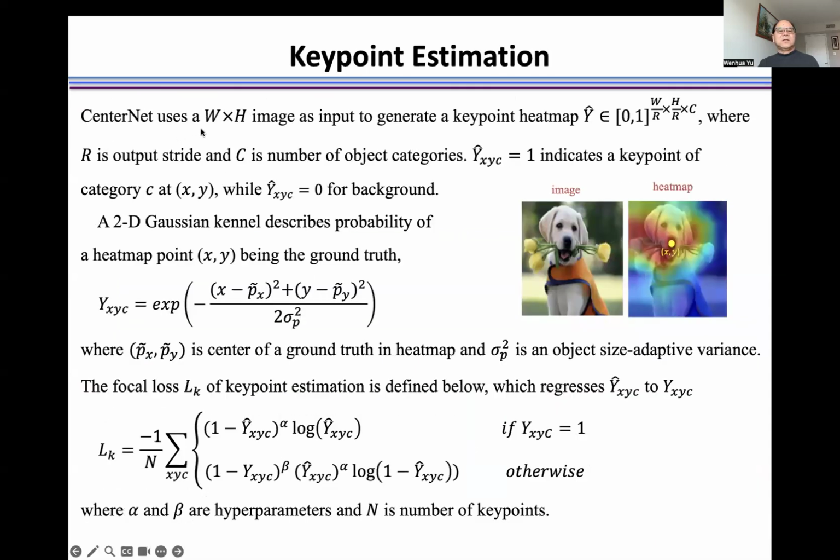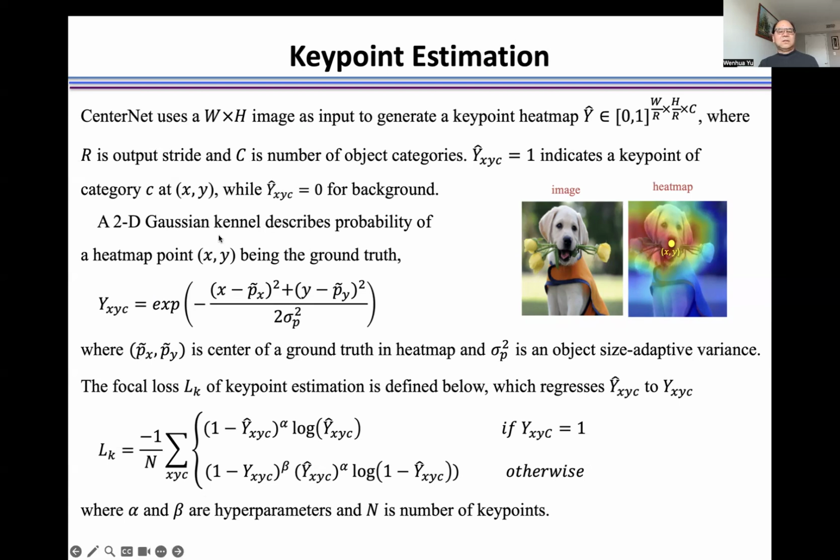CenterNet uses a W by H image as the input to generate a keypoint heat map Y hat, where R is the output stride and C is the number of object categories. Y hat XYC equal to 1 indicates a keypoint of category C at location XY, while Y hat XYC equal to 0 is background.